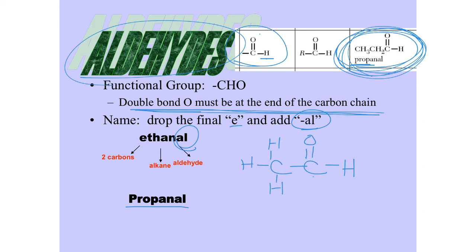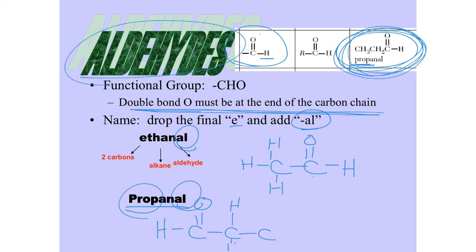All right, propanal, we got 3 carbons, prop, single bonds because of the -an, aldehyde group, the double bond O has to go on the end. So you could do either end, the left or the right. That doesn't make a difference because they both are the end.